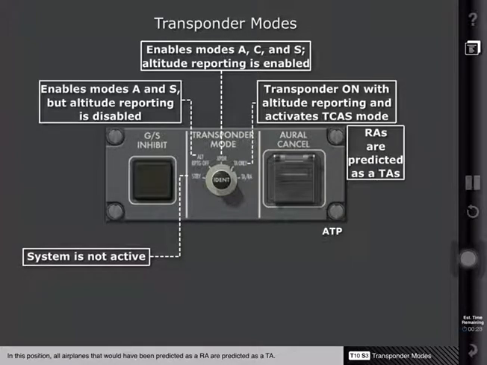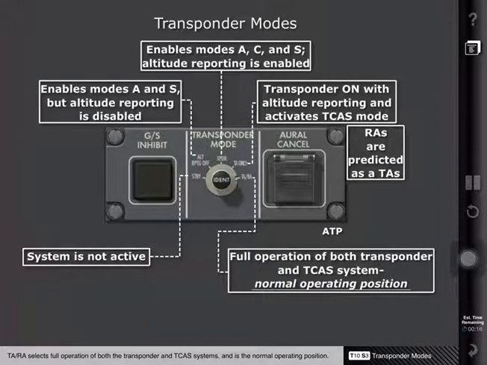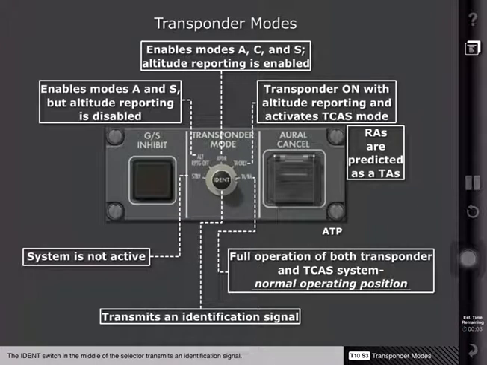In this position, all aircraft that would have been predicted as an RA are predicted as a TA. TA-RA selects full operation of both the transponder and TCAS systems and is the normal operating position. The ident switch in the middle of the selector transmits an identification signal.